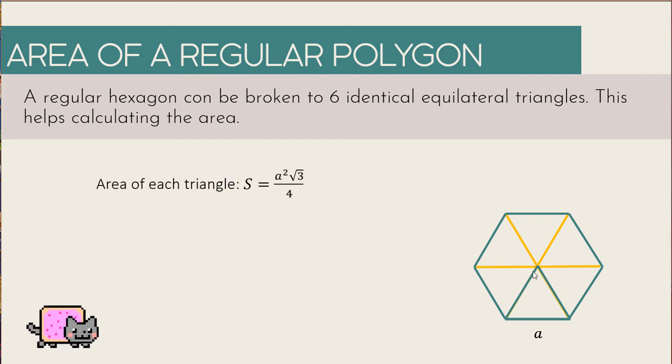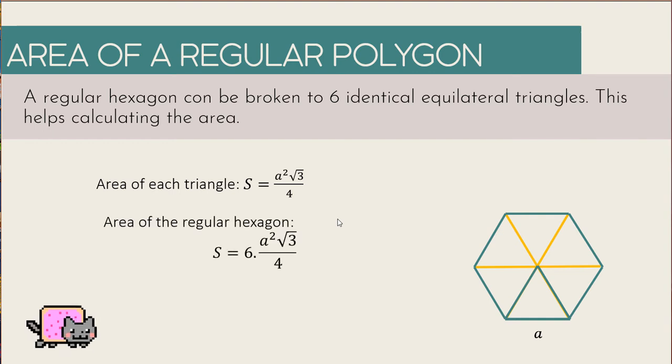Now first we will try to find the area of each triangle, which is already known. It is a squared square root of 3 divided by 4. Because all 6 triangles are equilateral, we'll take the product of that value and 6 and we will have the area of the regular hexagon. S is equal to 6 times a squared square root of 3 divided by 4, and it is 3 square root of 3 a squared divided by 2.